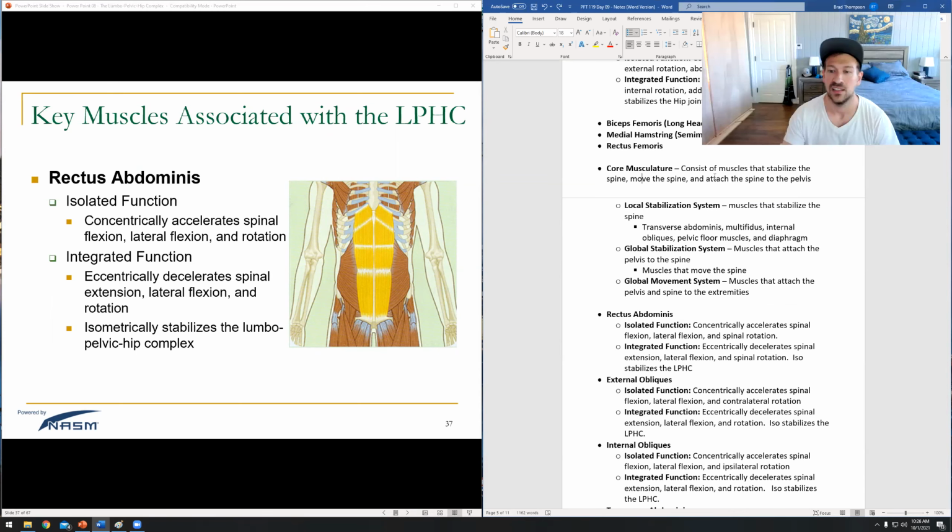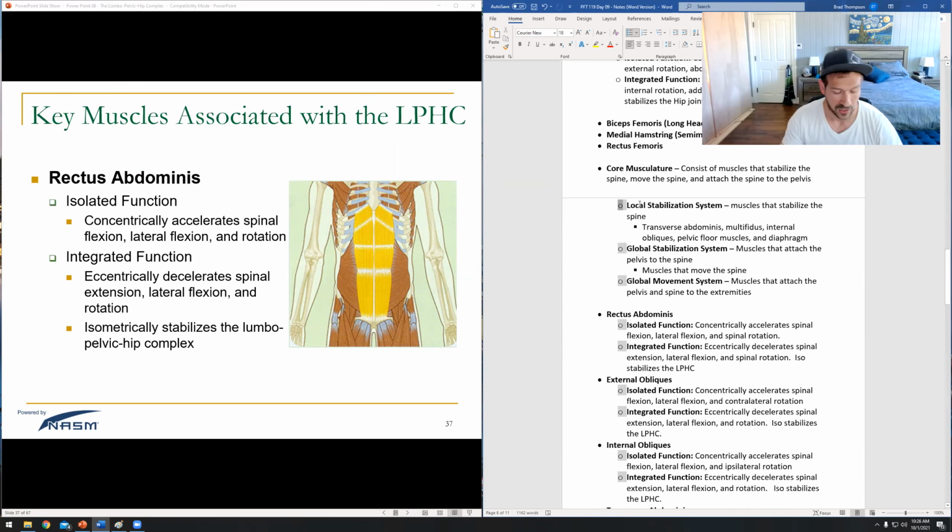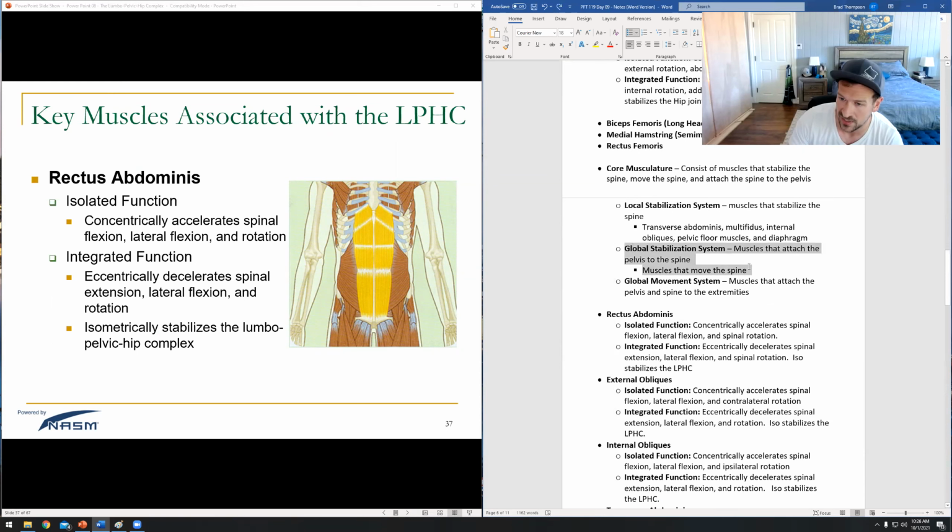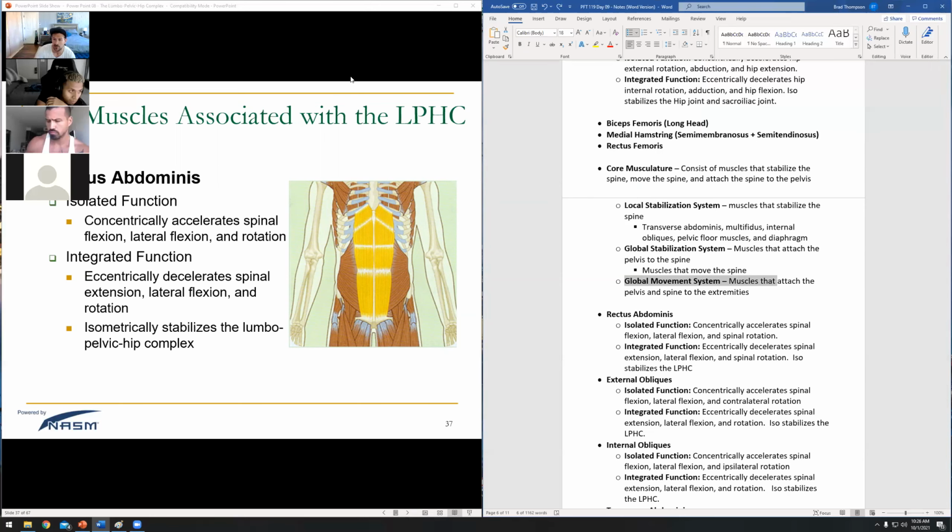You have your local stabilization system, your global stabilization system, and your global movement system. So these are the 3 ab systems here, right? Local stabilization system, it's very local, it's closer to your center. What's the most center thing you've got? Your spine. Therefore, these are the muscles that are directly attached to the spine, and they're there to stabilize it.